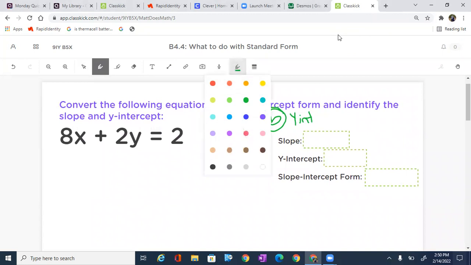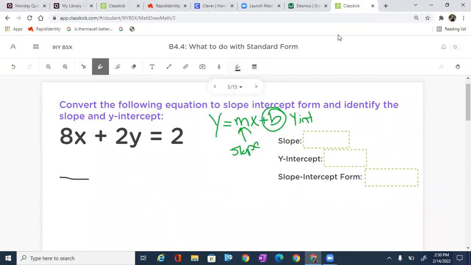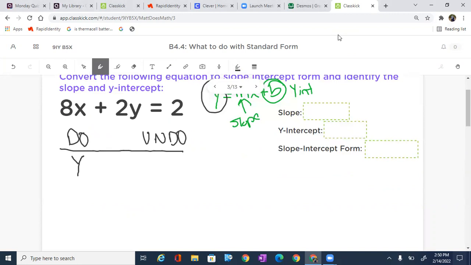I'm going to start with the do-undo table. We have our do's, and then we have our undos. What we're going to be thinking about is the relationship to y. We are solving for y. So what is happening to y? As soon as we have y, we multiply y by 2.